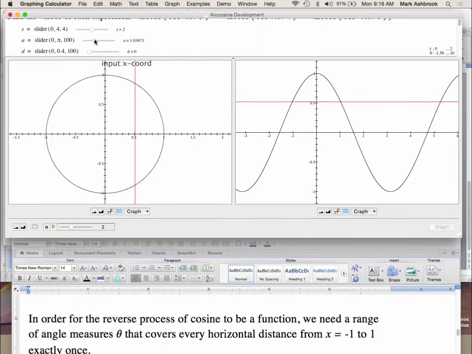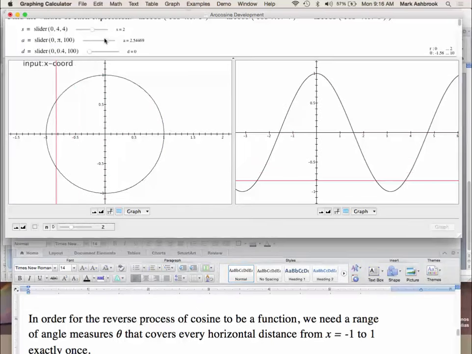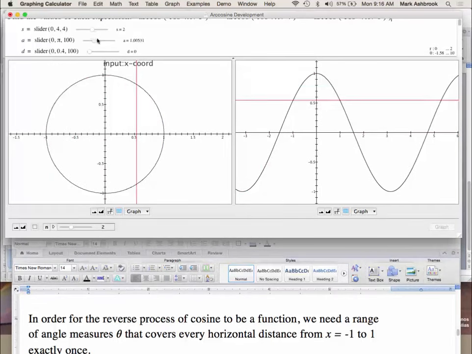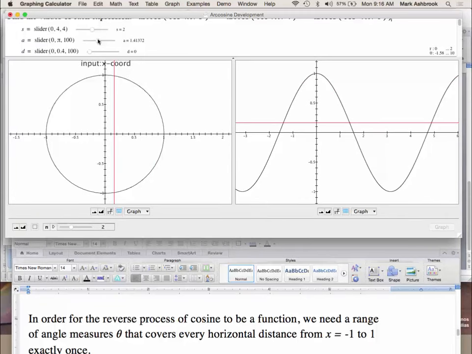Does 0 to pi work? Does 0 to pi give us an angle for every horizontal distance and then just one angle for every horizontal distance? Does it work? Exactly, right. So watch it. Ready? Go.